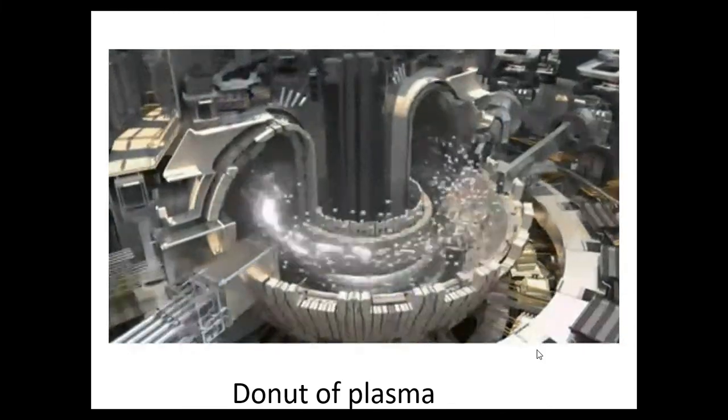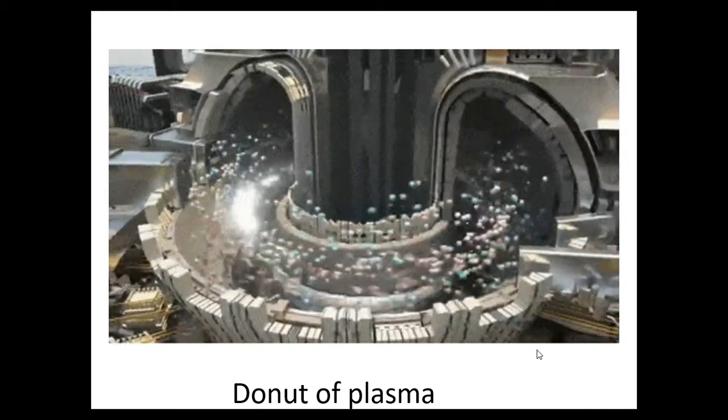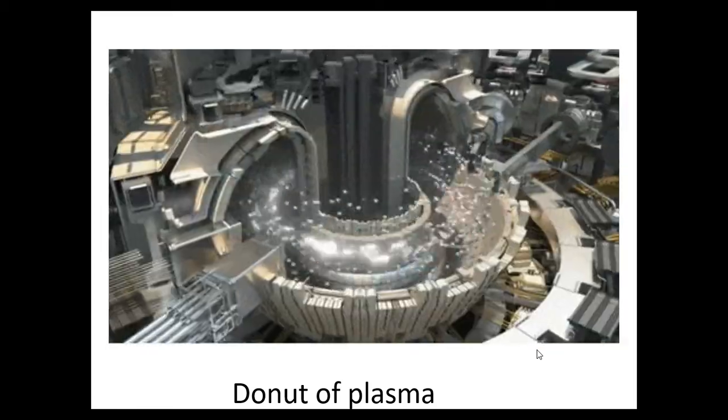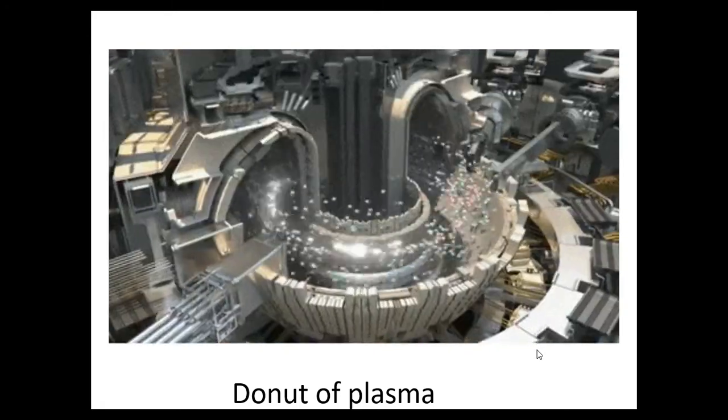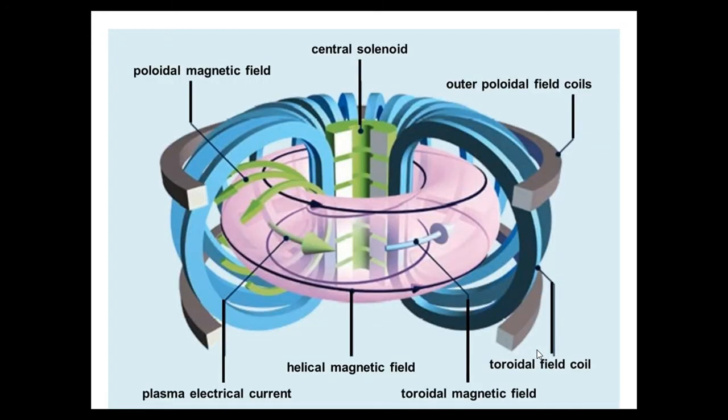So we need to suspend this plasma, basically in the air. And to do that, we need magnetic fields. So physicists who want to build a fusion reactor on Earth to make electrical energy face a huge problem in having to balance a donut of plasma using a magnetic field, which typically is very hard to keep stable.